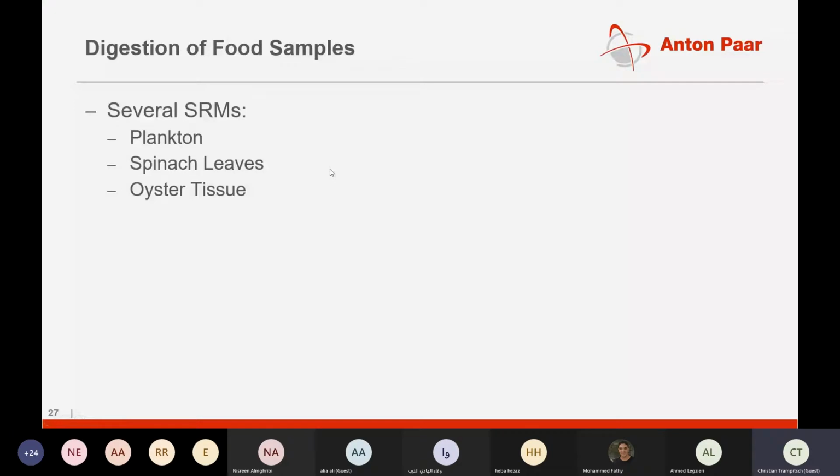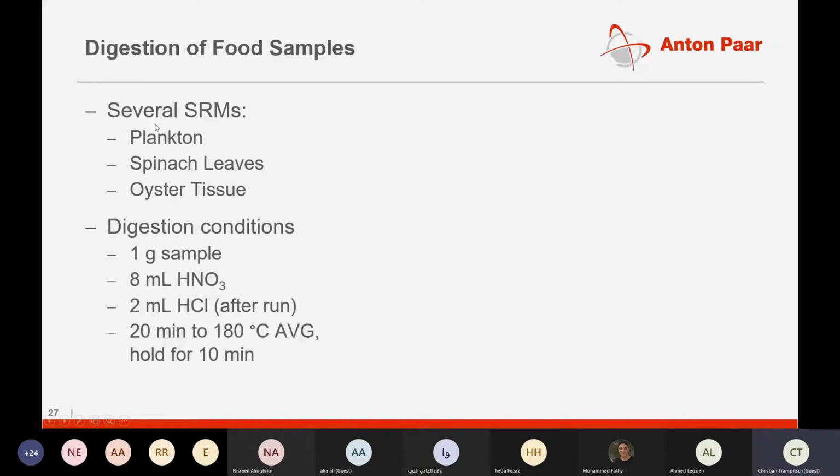We just test the availability of the instrument to digest samples properly just by using certified reference materials. And so we were using these three: plankton, spinach leaves, oyster tissue. The digestion conditions are similar: 1 gram sample in that case, 1 milliliter of nitric acid, and some hydrochloric acid we added after the run.